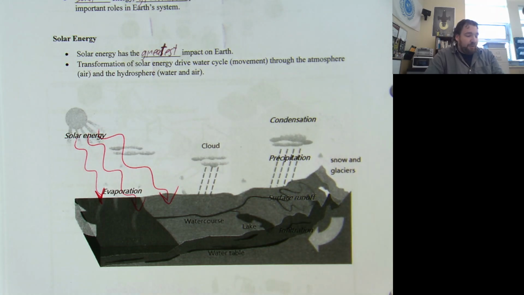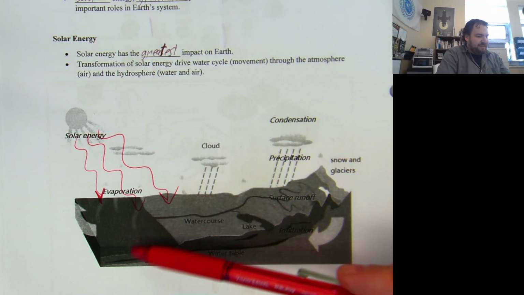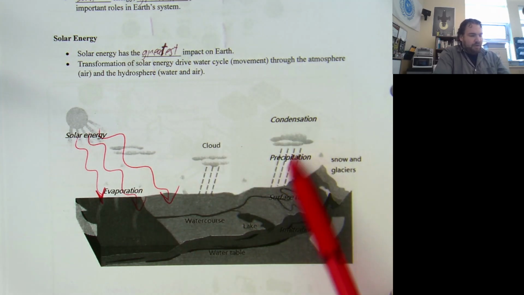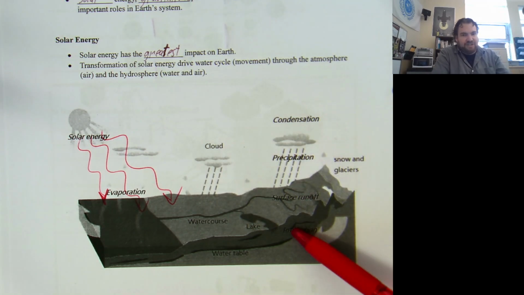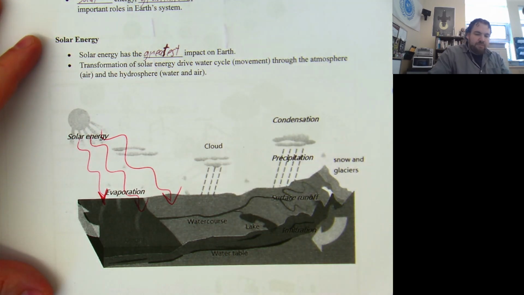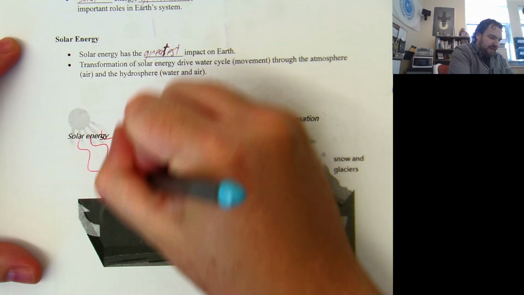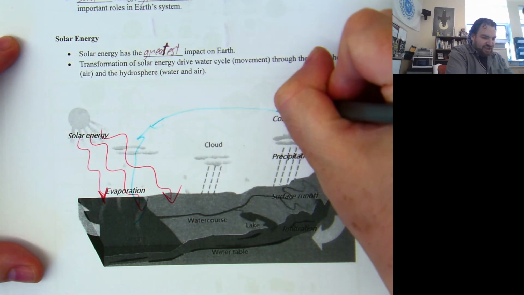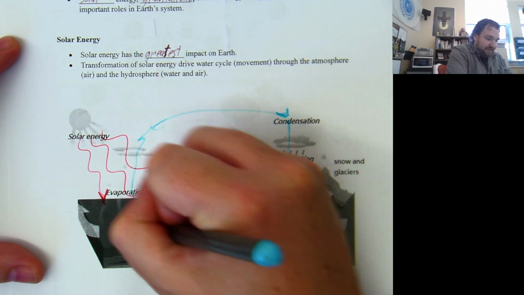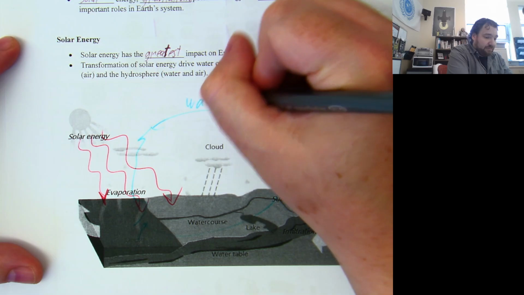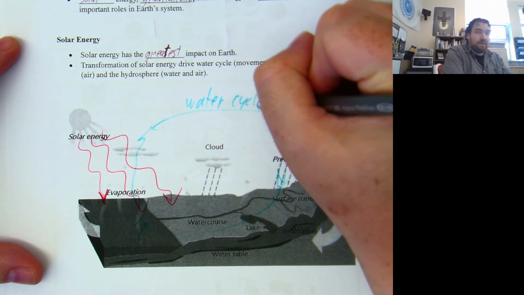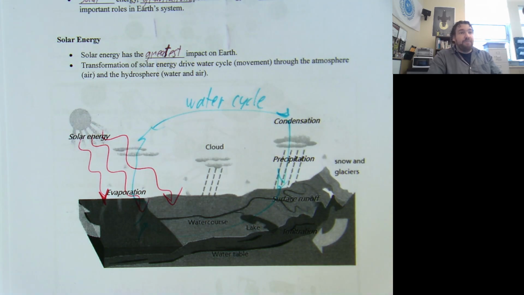Solar energy is wildly important. Solar energy is responsible for the water cycle, the evaporation, condensation, and precipitation that we're used to. This is the water cycle. Water cycle doesn't happen, we have a whole bunch of problems. Most of the power that we have here in BC is dependent on the water cycle.